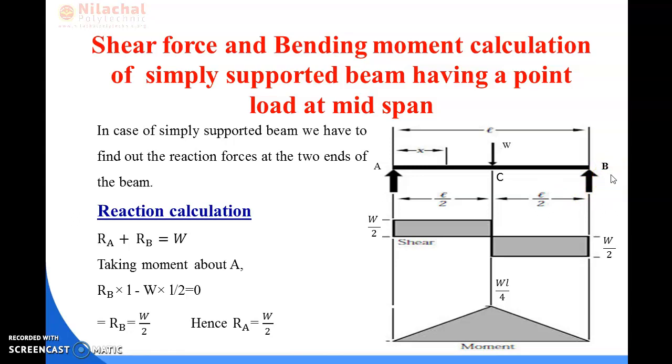The formula for the moment calculation for a point load is load into distance.